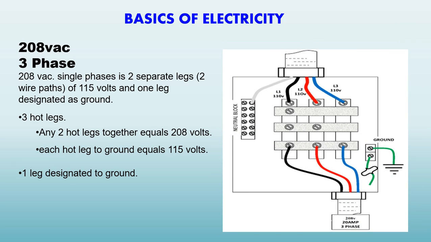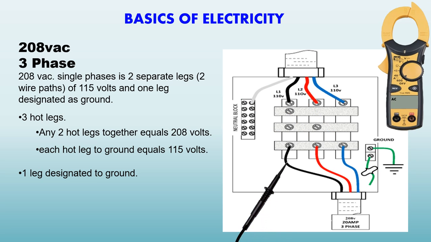Now let's take a look at 208 volt alternating current three-phase. In 208 volt three-phase, we now have three hot legs of current and one designated ground. To test three-phase power, we would take one meter lead and put it on L1, our second meter lead on L2.